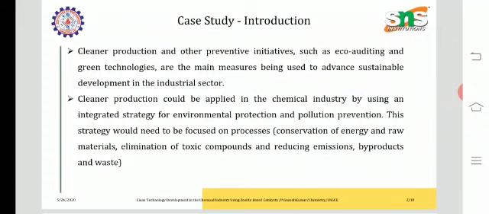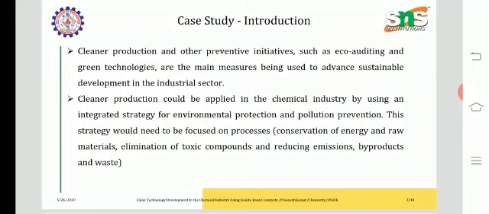So, with the introduction, clean production and other preventive initiatives such as eco auditing and green technologies are the main measures being used to advance sustainable development in the industrial sectors.